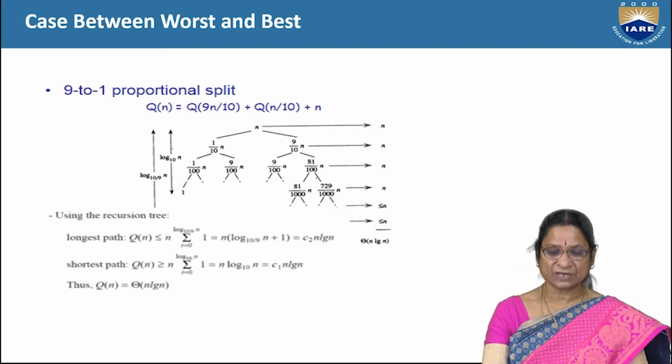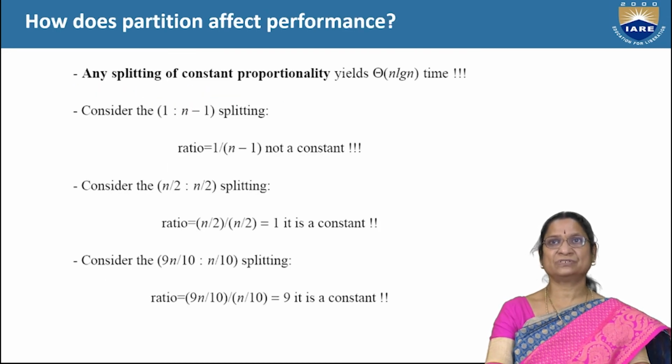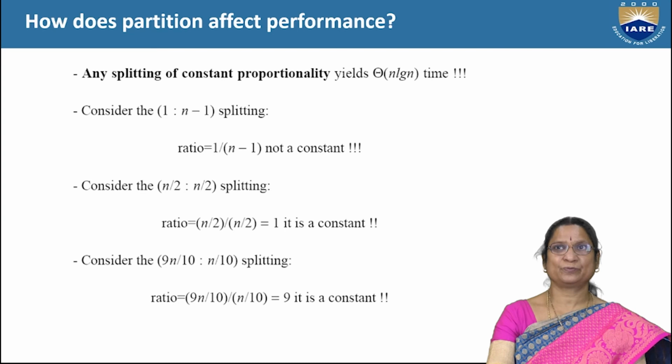If you observe here 1 by 10, 9 by 10, 1 by 100, again 9 by 100, that means 9 by 100, 81 by 100, and so on. Like that, the depth can be continued till the height of the tree is going to be log n to the base 2.